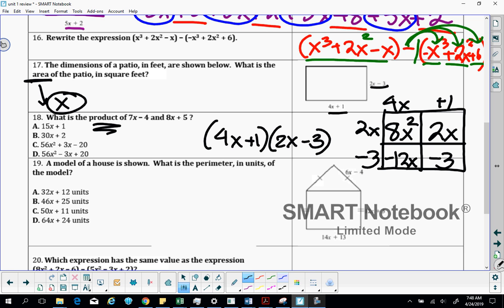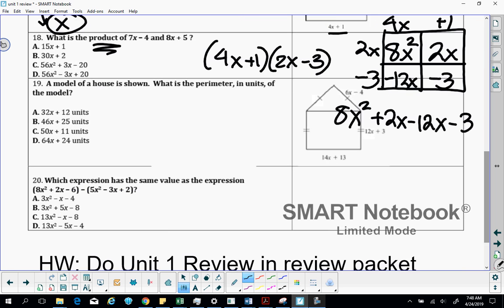Then I write down all the terms in the boxes right here. Then what do I do? Add like terms. So which ones can I add? What's 2 minus 12? Negative 10, right? Then I add the other ones.